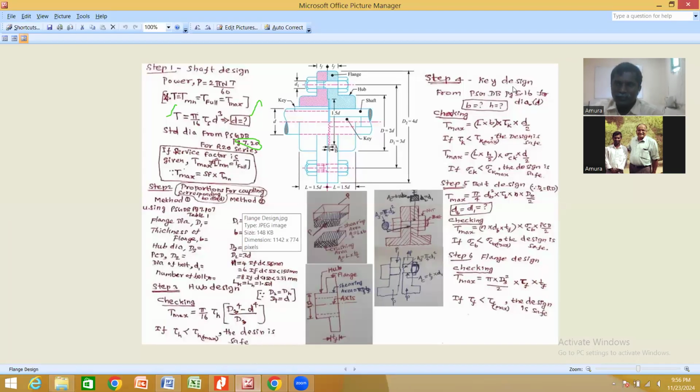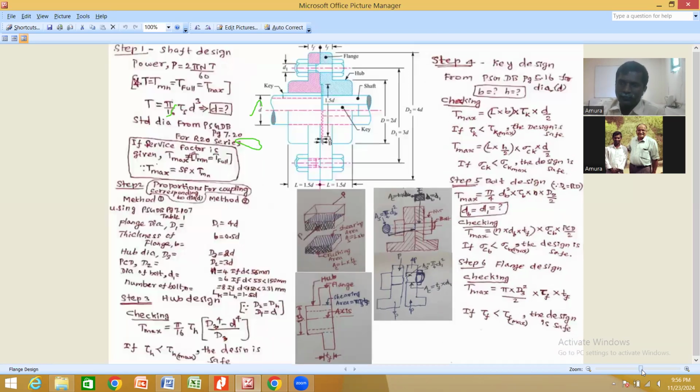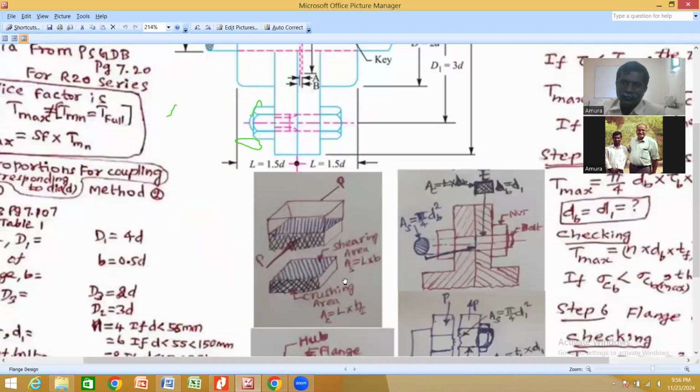After finding the dimension, as a design engineer, we have to confirm whether that particular dimension is going to withstand the load. There are two cases in the key: the first case is shear stress and the other is crushing stress. If you see the diagram I have drawn here, this is the diagram for the key design.